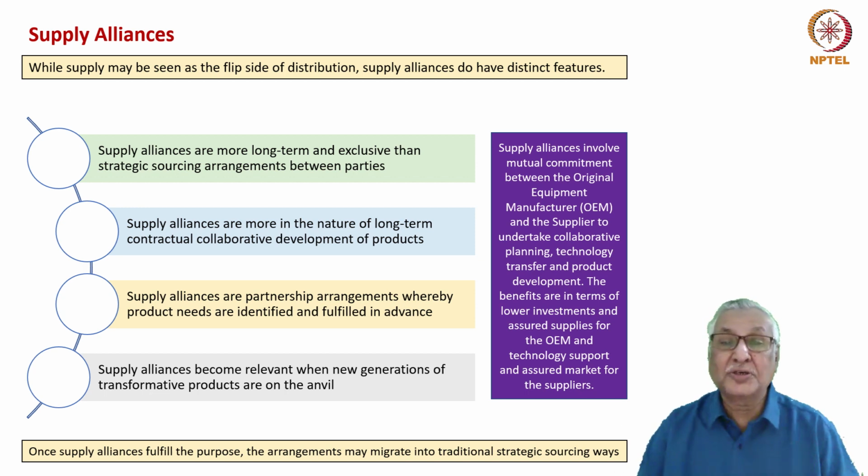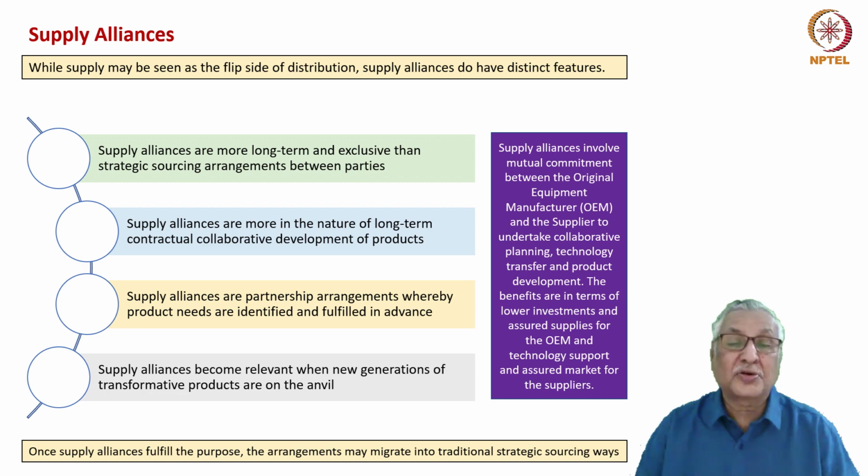While that may be partially true, strategic sourcing still has a short-term and medium-term view, and strategic sourcing arrangements are renewed every year, and they are also assessed in terms of normal procurement mechanics such as L1, L2, L3 classification of vendors. On the other hand, supply alliances are much more long-term and much more exclusive.